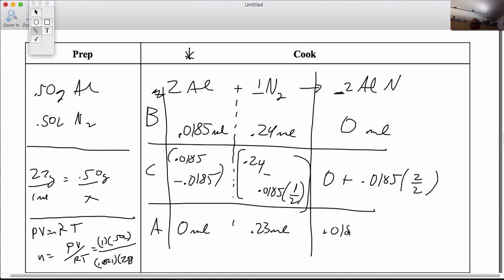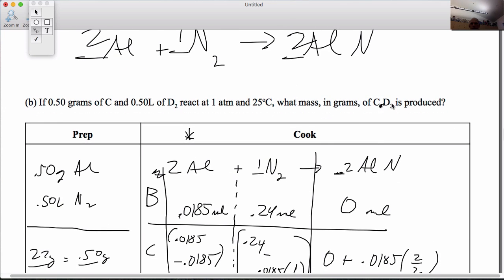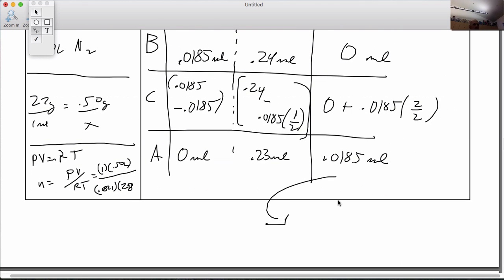So it's going to be 0.0185 moles of AlN. And the question said what mass of that is produced. Okay, so now all we have to do is convert that to grams. So the molar mass of AlN is going to be 27 plus 14. So that should be 41. So we have 41 grams per every 1 mole is equal to x grams per every 0.0185 moles. So that times 0.0185 equals 0.75.